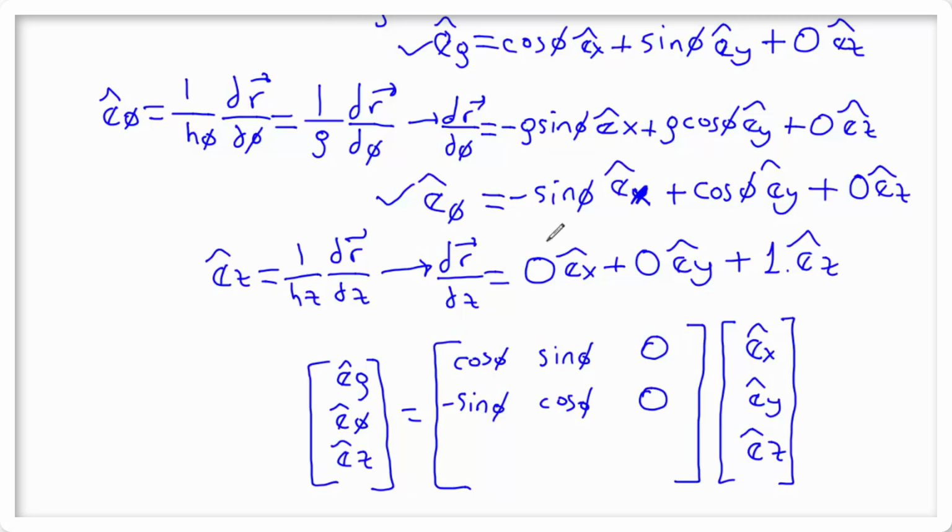Afterwards, I'm trying to find Ez. The logic of this is that Ez should come exactly from z. That's 0 times Ex, so it's going to be 0 here, 0 times Ey, and then multiplied by Ez, 1.